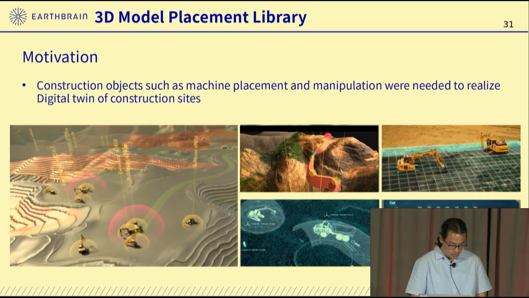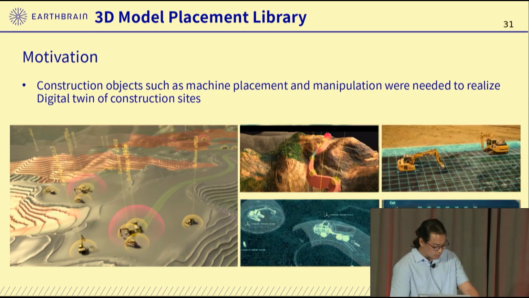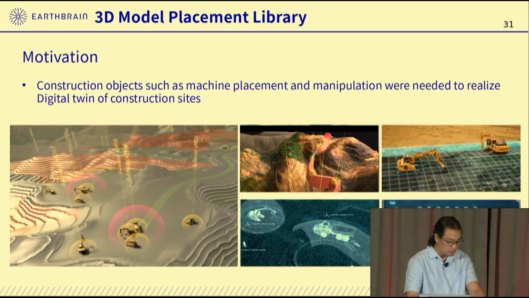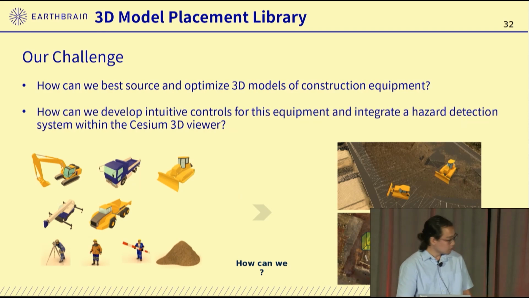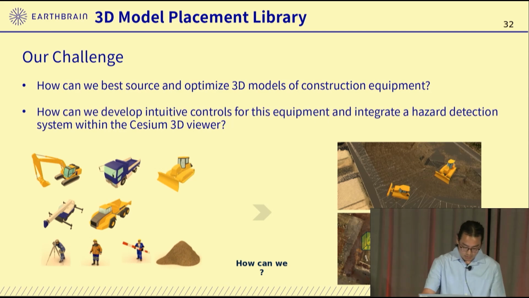To do this, we need to visualize and control things like construction machines and materials in a 3D Cesium environment. Our challenges are: how can we prepare 3D models on the web efficiently, and how can we present key features with a good developer experience and easily extend any Cesium.js application?